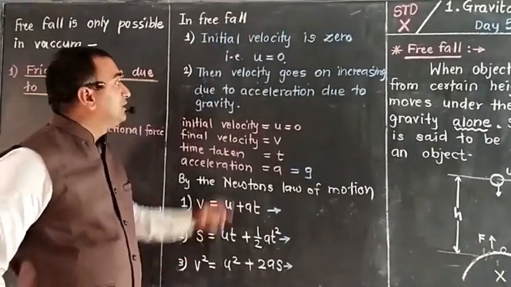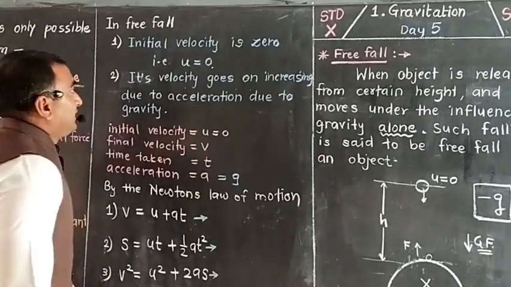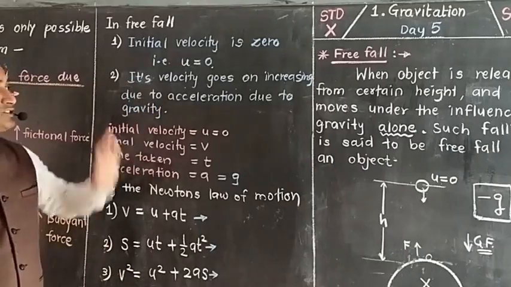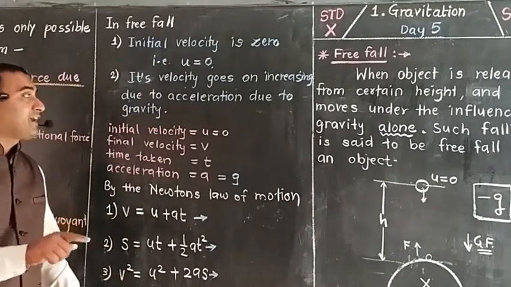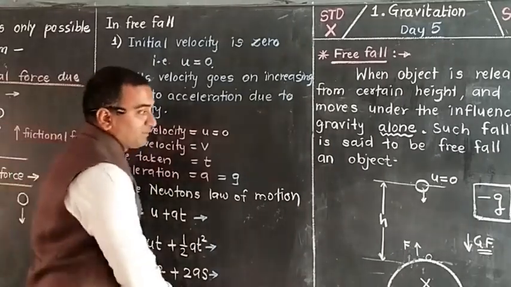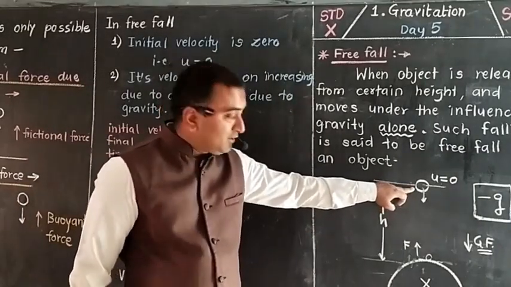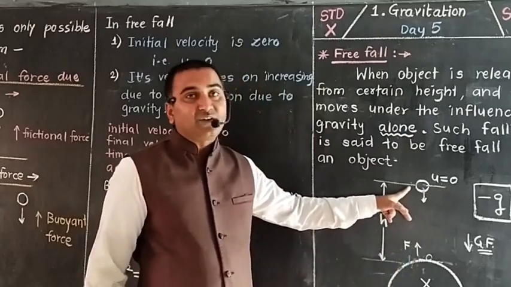Second point: its velocity goes on increasing due to acceleration because of gravitational force. See what will happen. Now here the object is at rest. Why? Because the given force is now negligible.